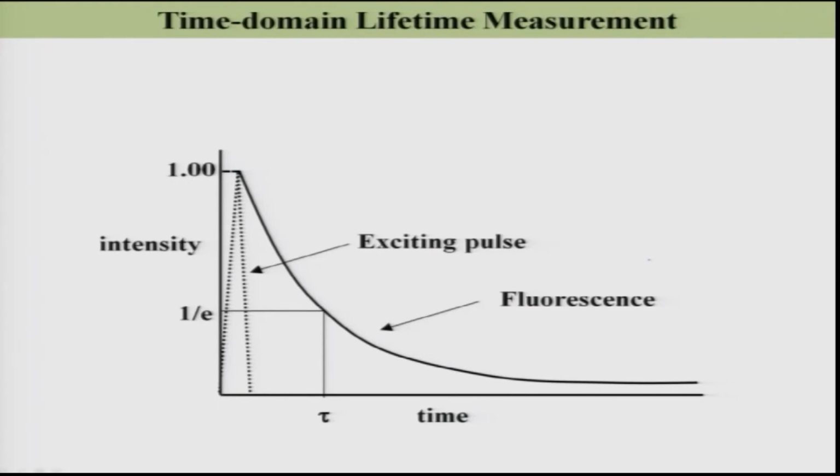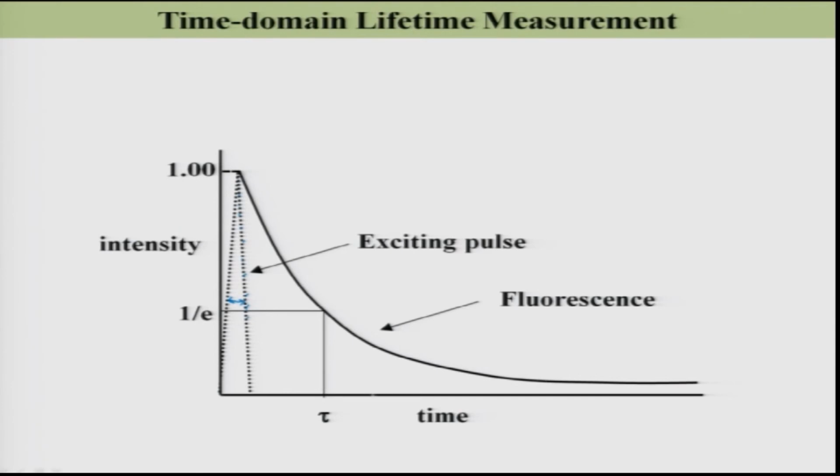One is the frequency domain method, another is the time domain method, but in this course I will discuss only the time domain method. So, in the time domain method, as I said, we are going to excite the molecule with an instantaneous pulse. That is what I have shown here with this dotted line. This time is very small compared to the decay.